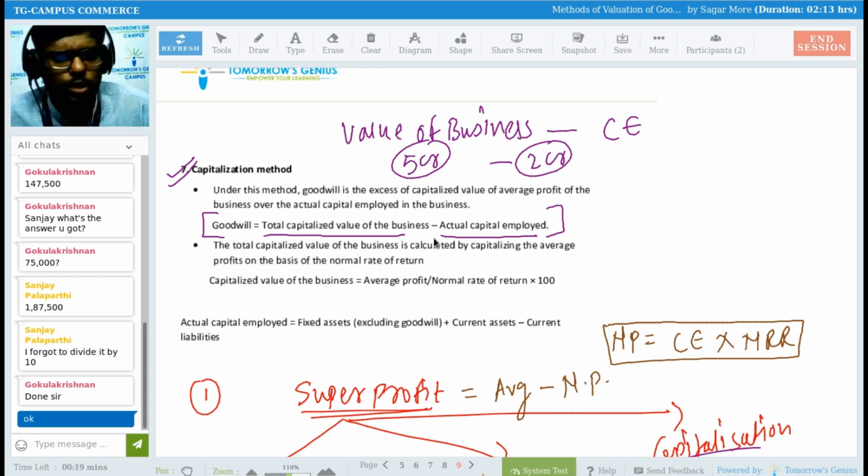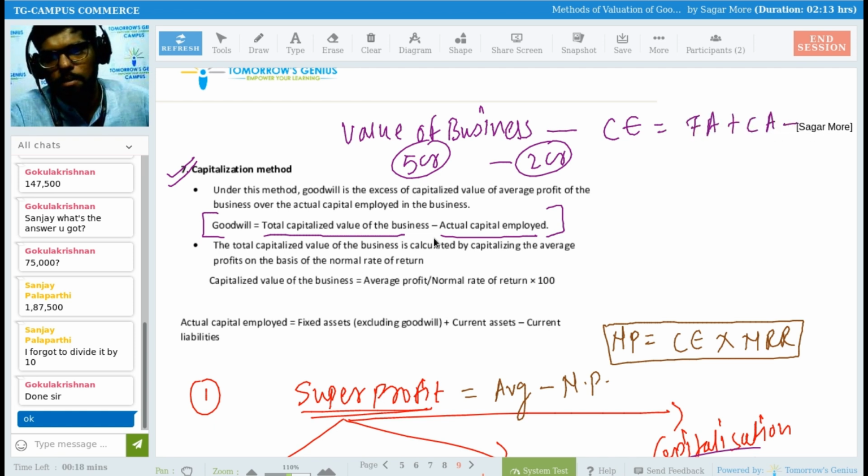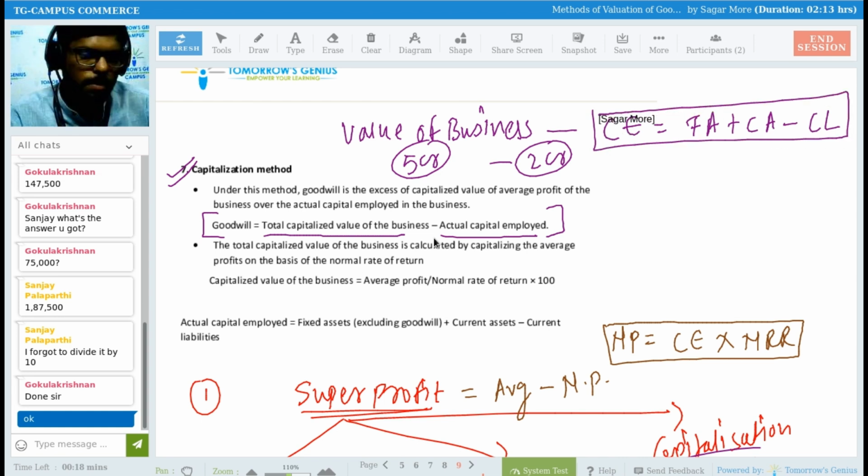Now, how to calculate the capitalized value, and how to calculate capital employed? Capital employed is equal to fixed assets plus current assets minus current liabilities, that we know. But how to calculate the capitalized value of the business?